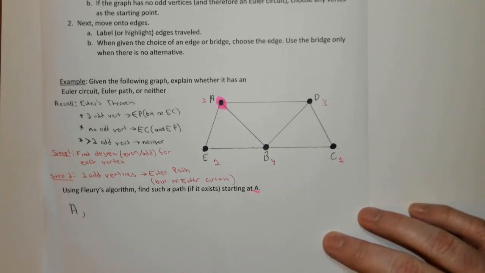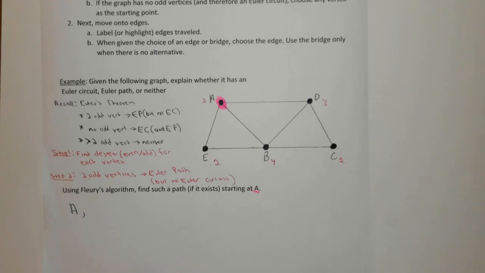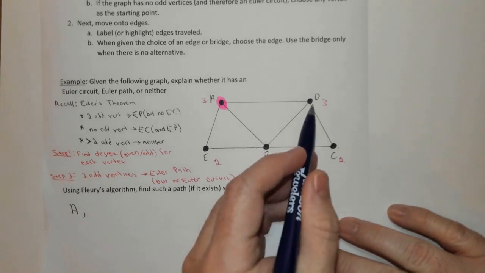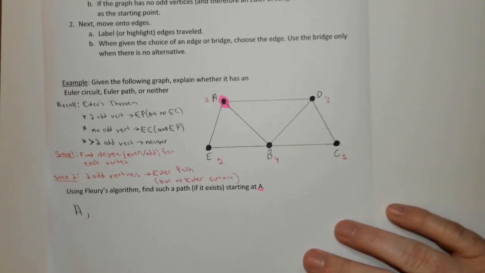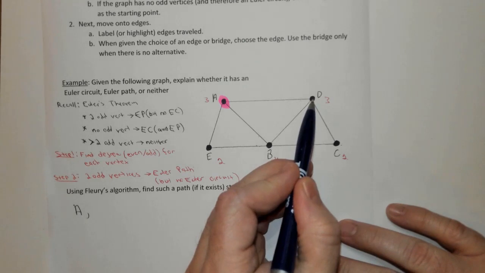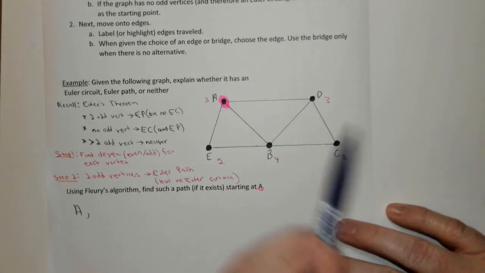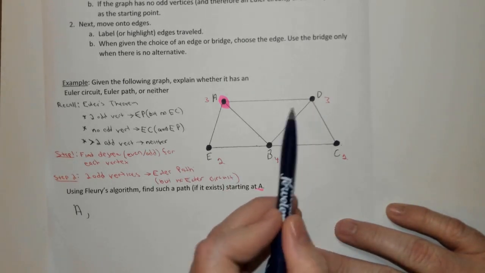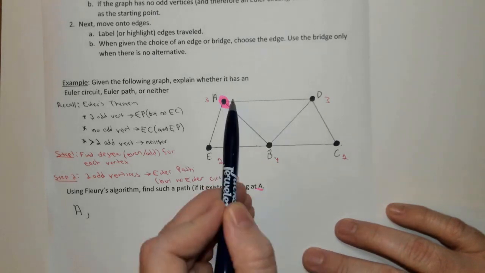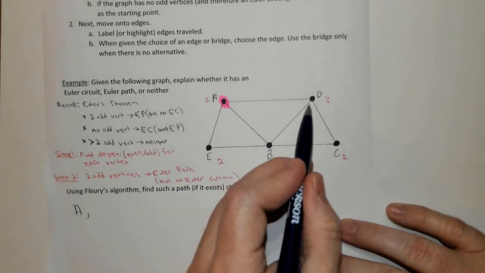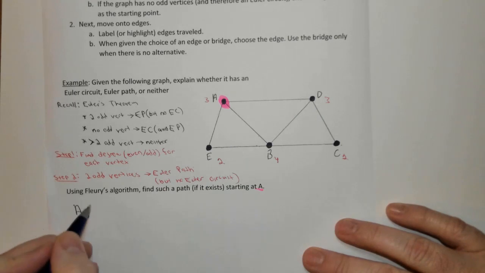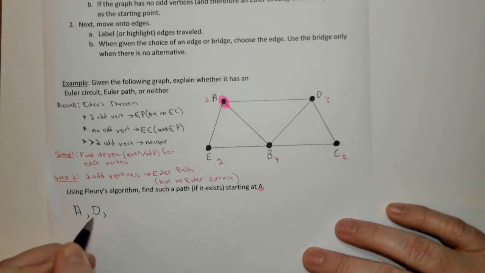I pretty much can do anything else, but let's just try one. Okay, so I'm going to go A, D. Now keep in mind, I have to eventually end up at D. I can hit the same vertex multiple times, but I have to cross every edge once. So let me go ahead and cross to D to get that over with.